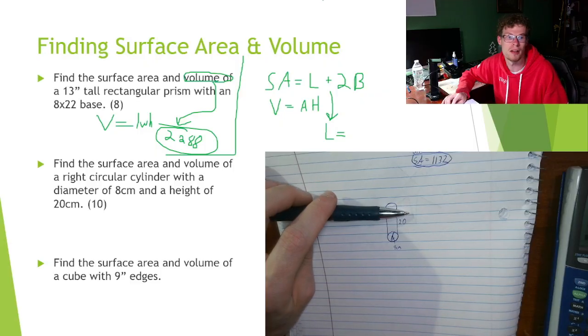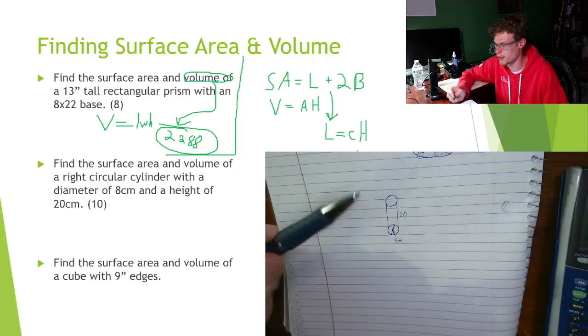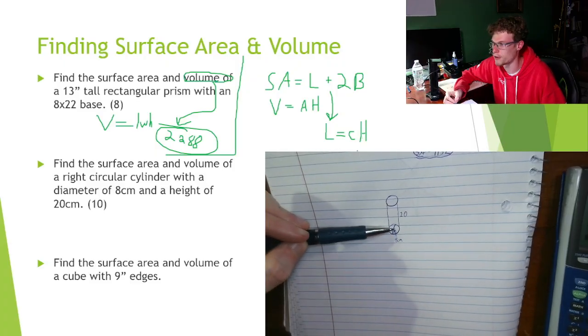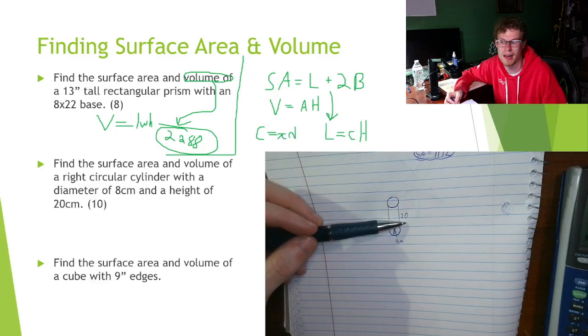So we are dealing with C times height, circumference times height. Well, first of all, how do I find the circumference of a circle? We know the diameter, so we can find it, because the circumference equals pi times diameter.